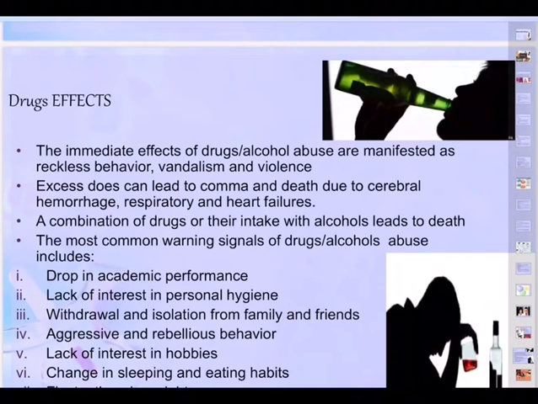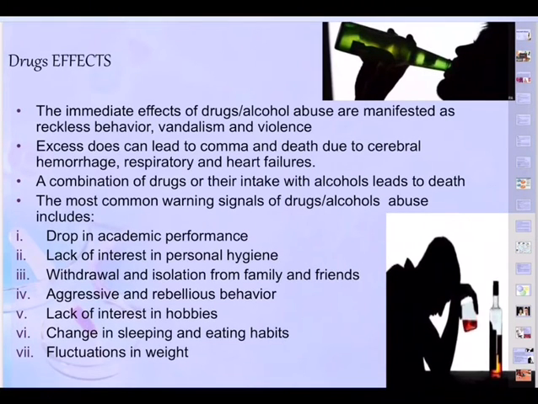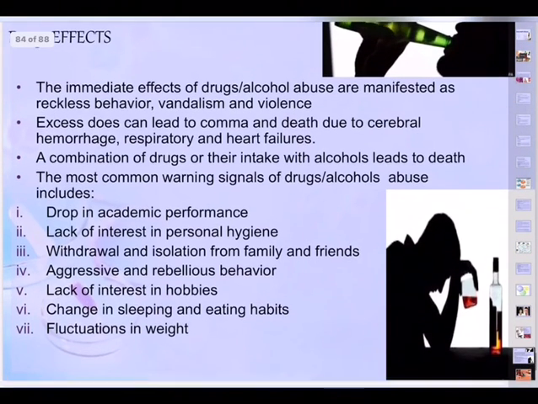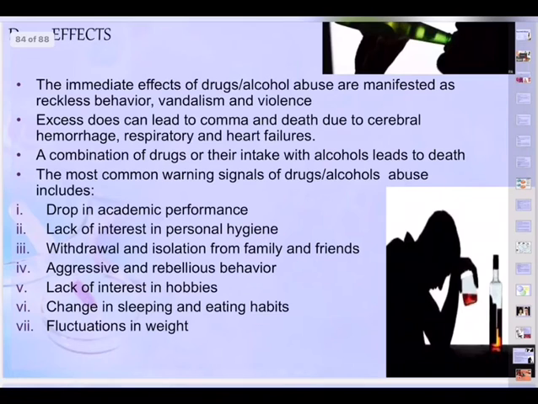The damaged liver, as we said just now, liver cirrhosis will take place. And then taking of drugs intravenously may spread serious infection like AIDS, hepatitis B due to sharing of infected needles and syringes, lack of concentration, lack of focus, mental and financial distress to the entire family. This is not restricted only to the individual, it is for the whole family.